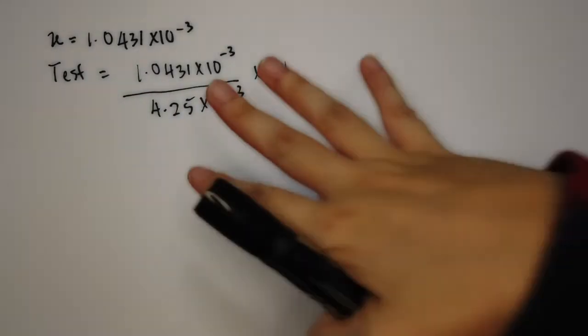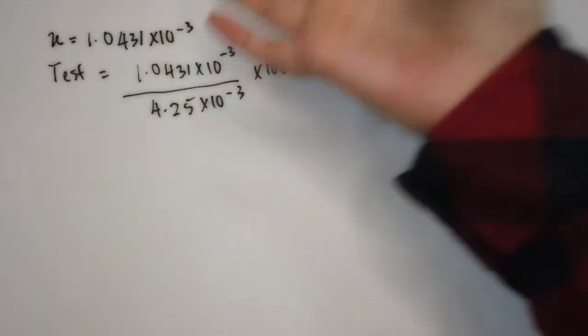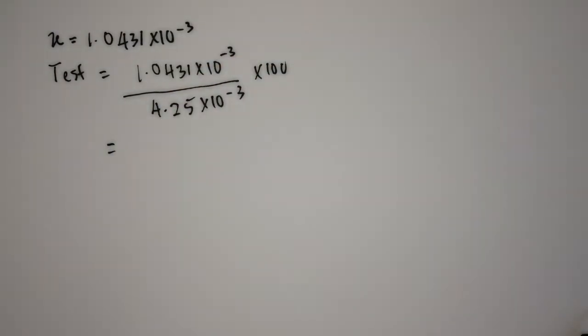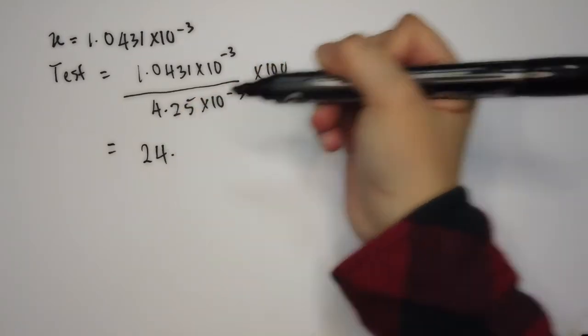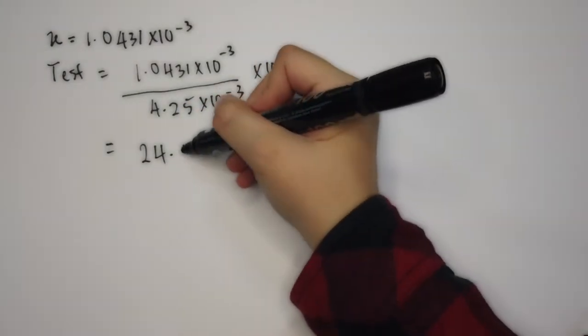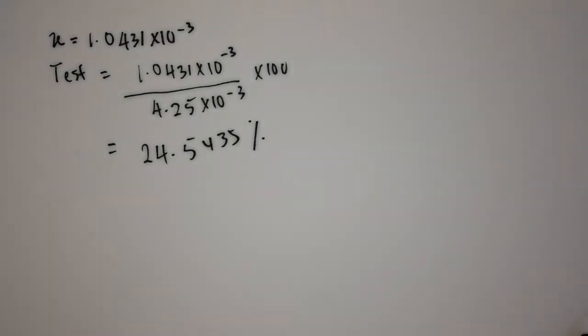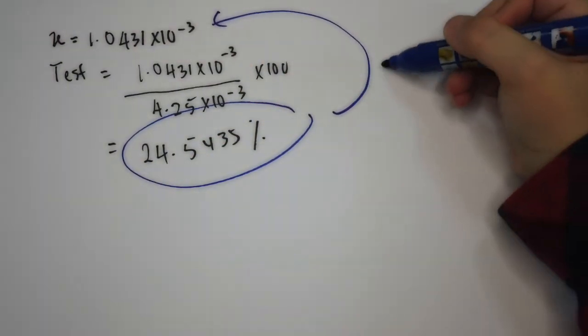If you get the test below 5%, then this value is valid. So we are just going to check. What we get is 24.5435%. Obviously this is bigger than 5%, so the value of X here is not approved.